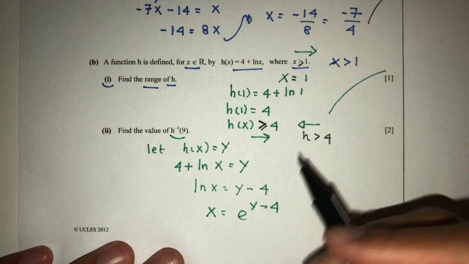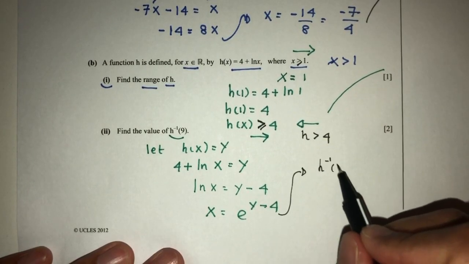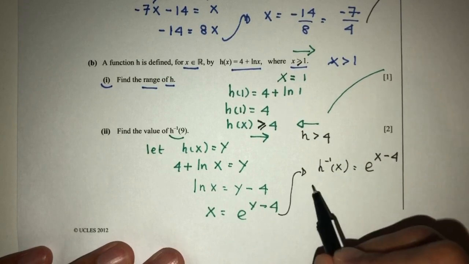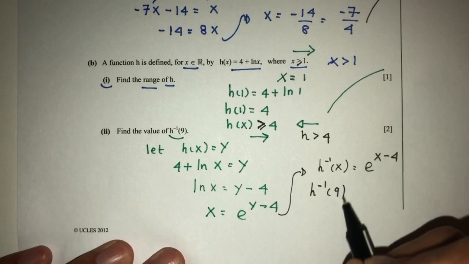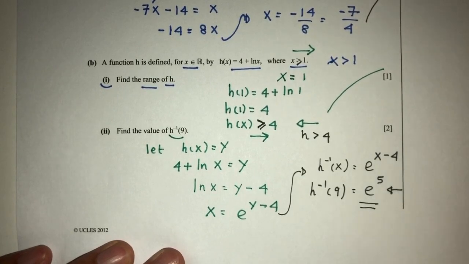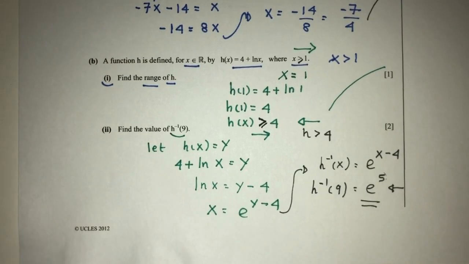So finally, from this we can conclude that h inverse of x is exponential x minus 4. But now we have to find h inverse of 9, that will be exponential 5 as your answer. Replace x by 9, 9 minus 4 is 5. That will be part 2 of the question.